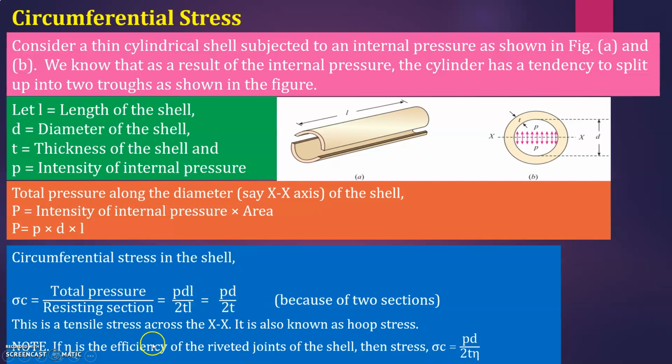If, while jointing, there may be some loss, in such cases you have to consider the efficiency, so sigma C is equal to PD divided by 2 into t into efficiency. It may be 70%, maybe 20 or 30%, there may be a loss. So that is the efficiency. This is the way to calculate circumferential stress.